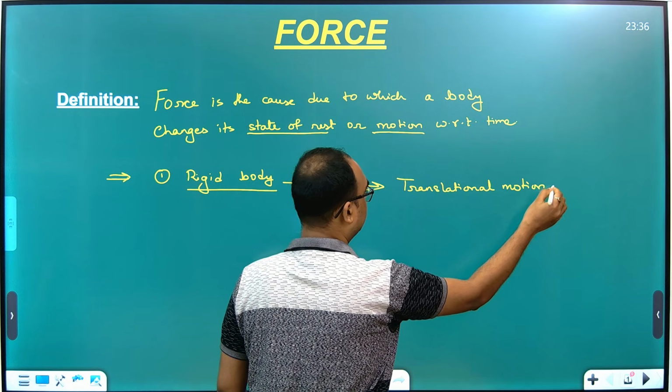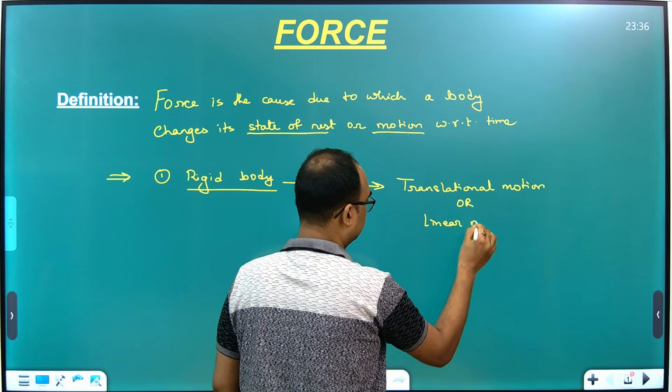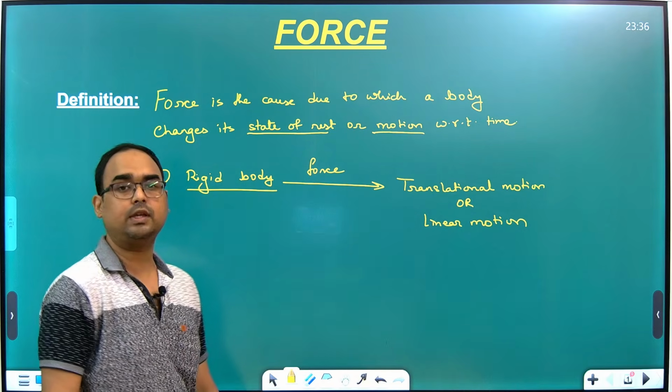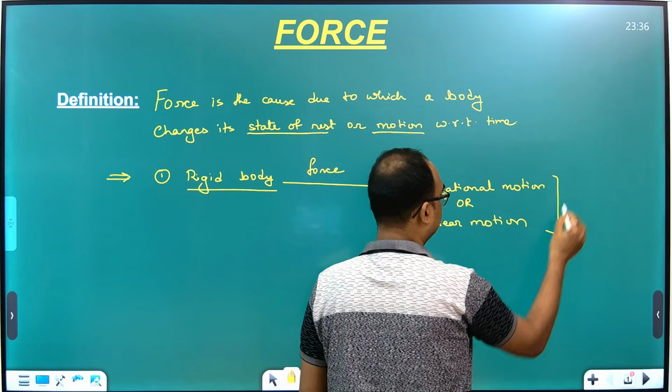Or in simple terms, we can say linear motion. A body will move in a straight line, that is motion in a straight line.